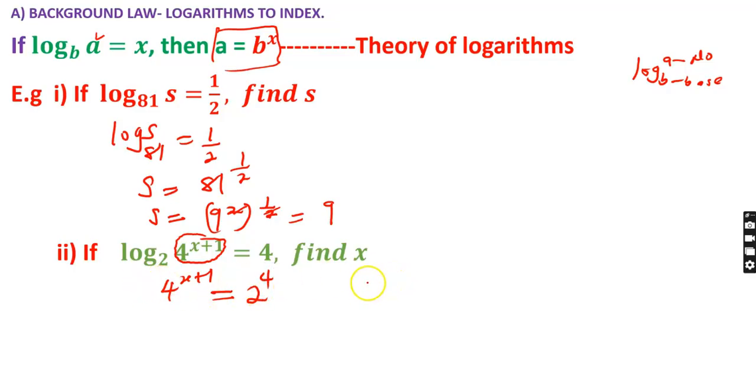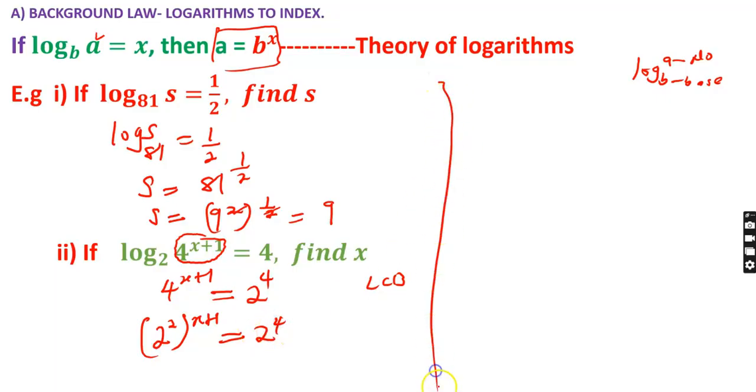And I'll apply lowest common base. The lowest common base of 4 is 2 squared, in brackets, to the power x plus 1. And I have 2 raised to the power 4 here. So that will give us 2 raised to the power 2x plus 2, equals 2 raised to the power 4.